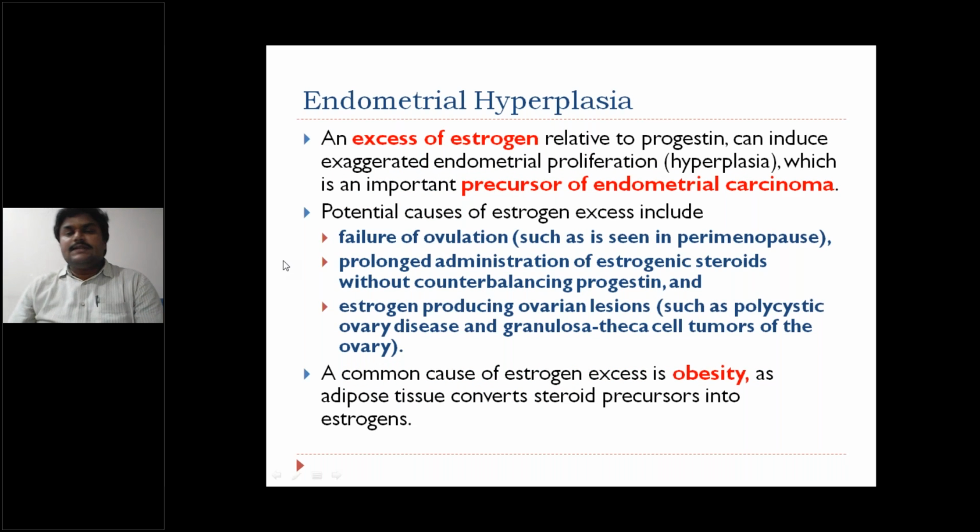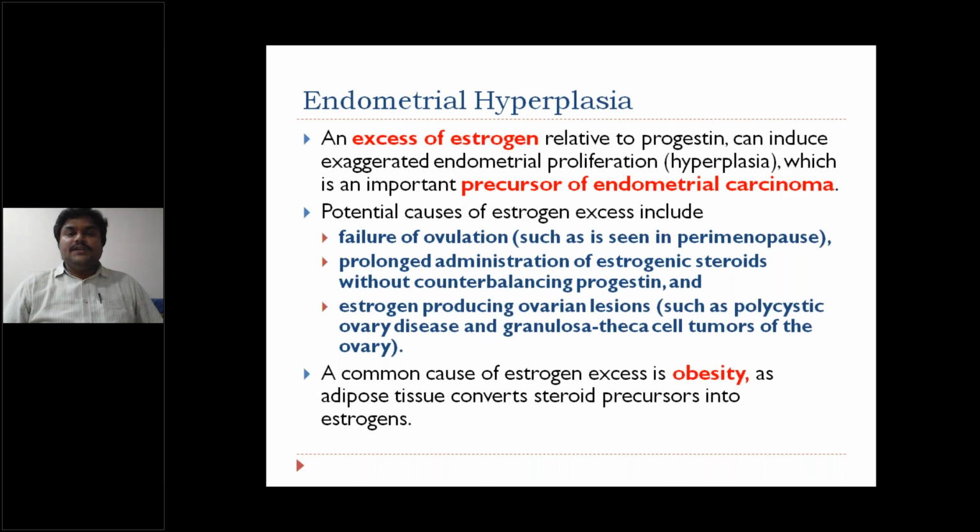So let us discuss endometrial hyperplasia. It is due to an excess amount of estrogen relative to progesterone and can induce exaggerated endometrial proliferation, which is an important precursor of endometrial carcinoma. What are the potential causes of estrogen excess?